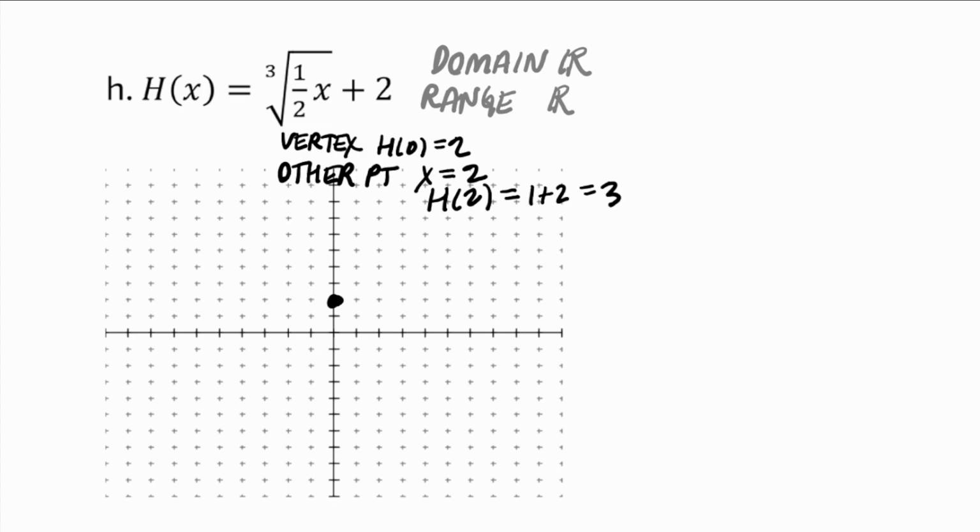So 2, 3. And then I need another point on the other side, so I could do x equals negative 2. Because then I'd be taking the cube root of negative 1, and that's pretty easy also. That's negative 1 plus 2, and that's going to be negative 1. Wait, no, that's positive 1. Negative 2, positive 1. Alright, so I'm drawing a graph here.